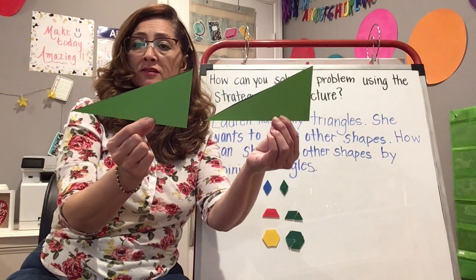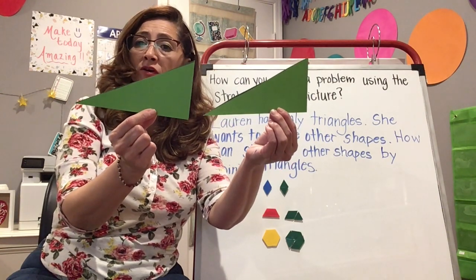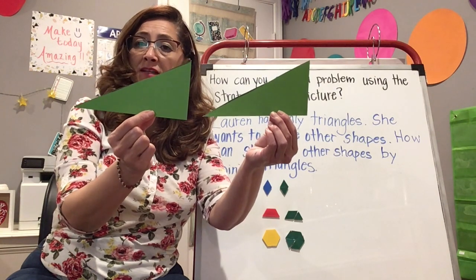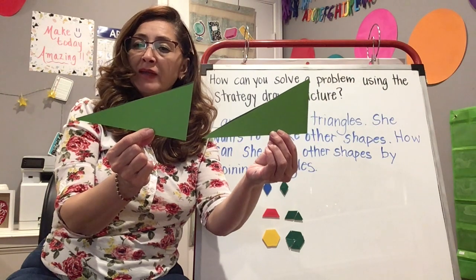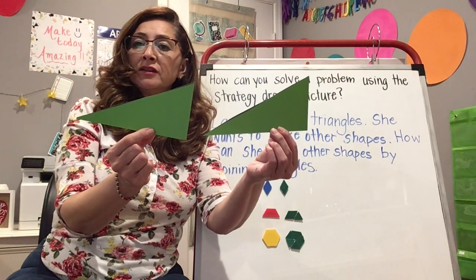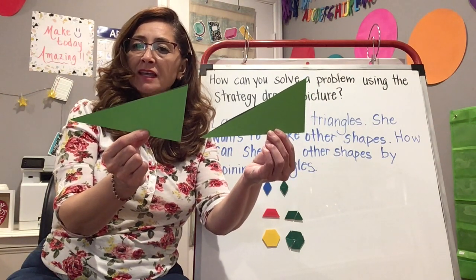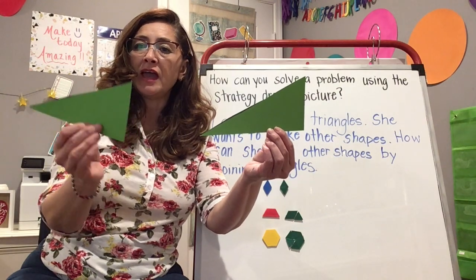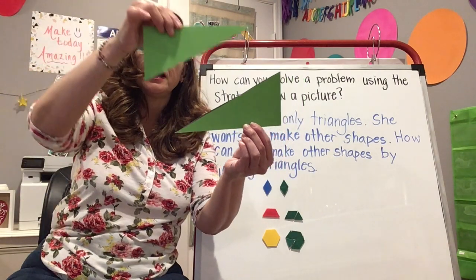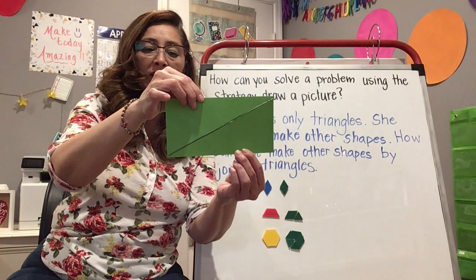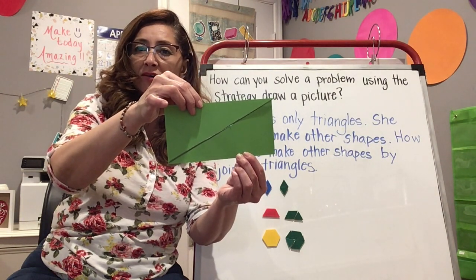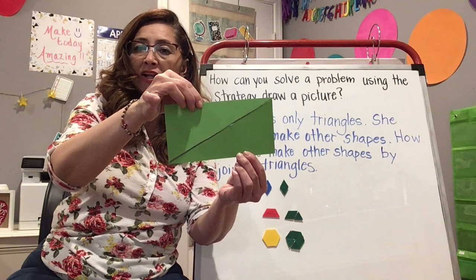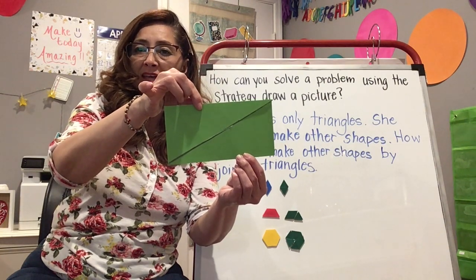These are triangles. Sometimes, boys and girls, we can take smaller shapes like these triangles and make a larger shape. Look at this. If I take this triangle and I rotate it and place it or join it, combine it to my other triangle, I could make a large rectangle.